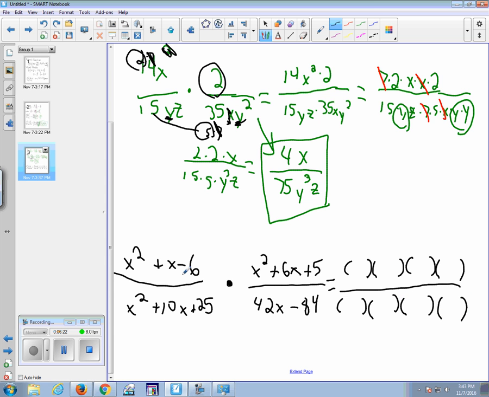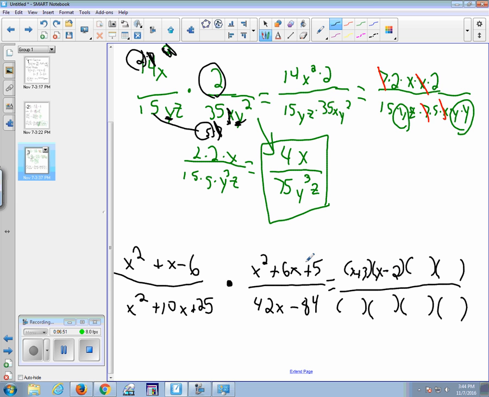So first things first, x squared plus x minus 6. X squared, that's going to be x and x. Negative 6 sounds familiar, like the last problem. I'm going to have 3 and 2. One's positive, the other's negative. To get positive 1, we're going to want plus 3 and minus 2.